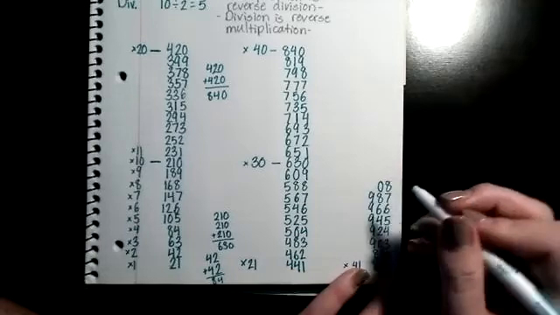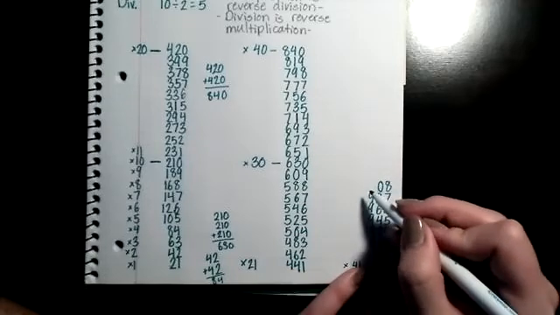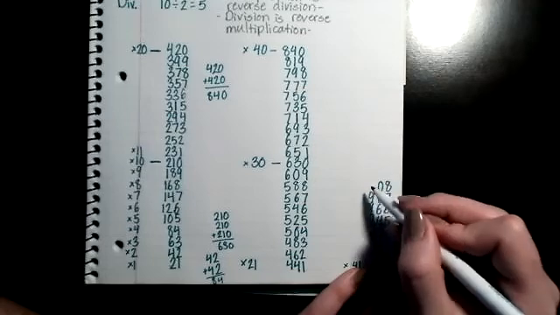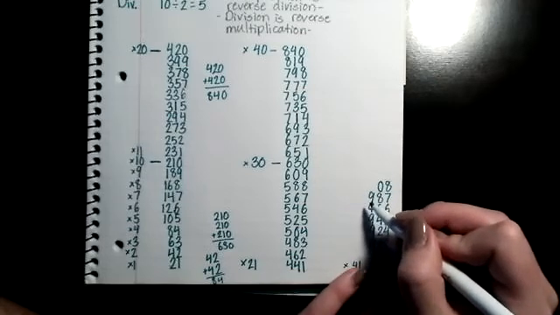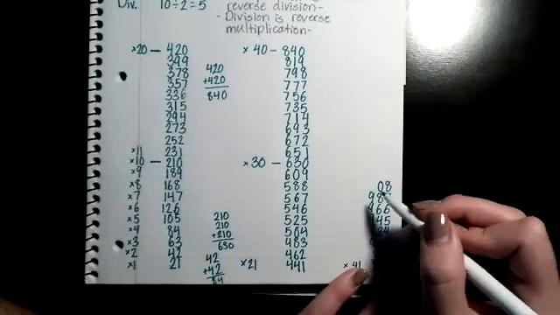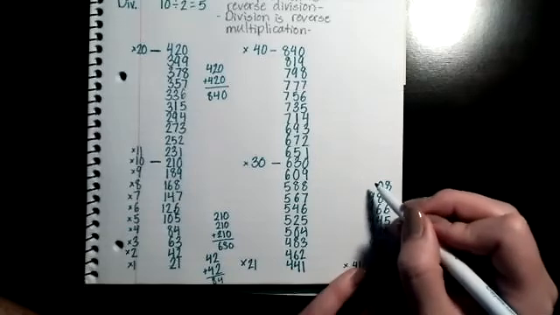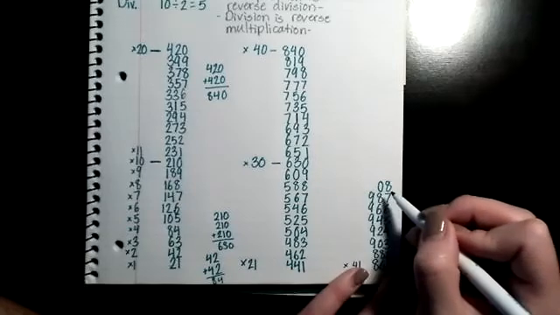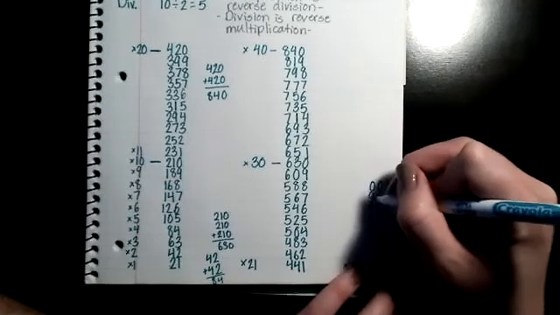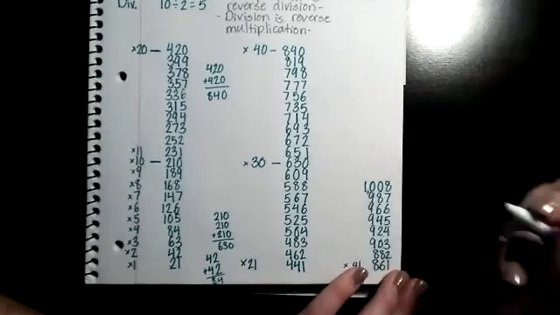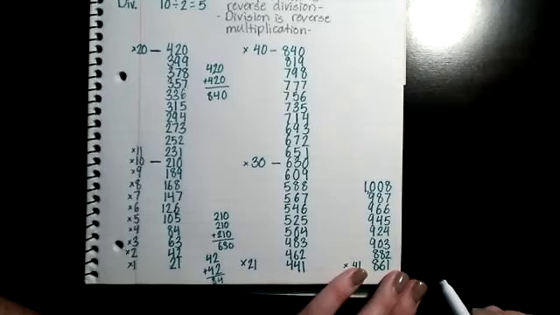Now when I'm at my 900s, and I add 100 to it, we're now into a new place value. This 900 becomes 1000, because we're moving into a new column now. So 9 becomes a 10, which means we are now at 1008.